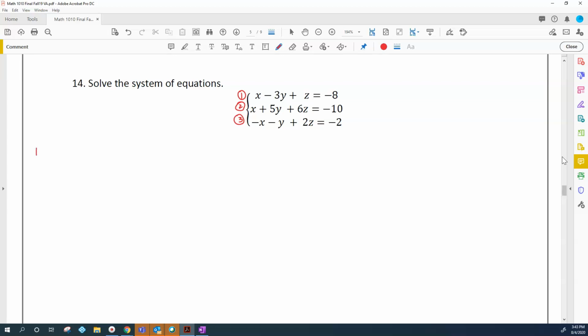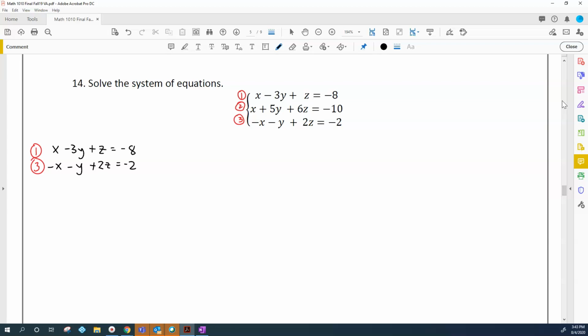So I'm going to do equations 1 and 3. Equation 1 is x minus 3y plus z equals negative 8. And one of the reasons why students miss these questions is just not copying down the equations carefully.